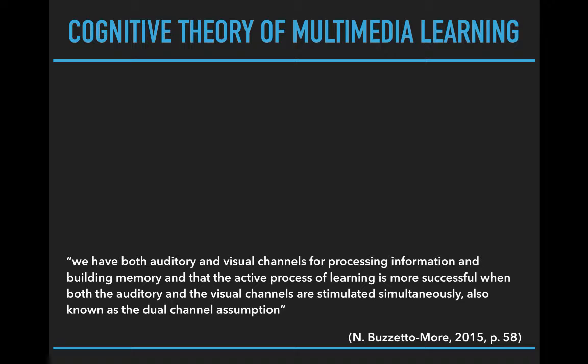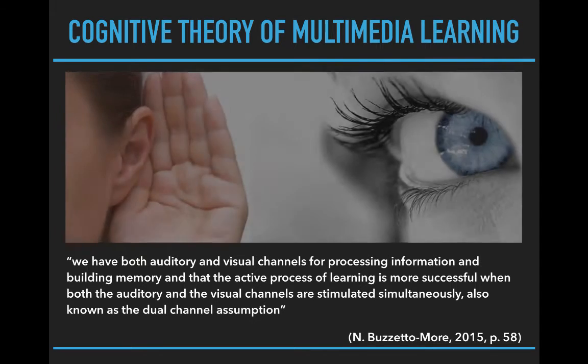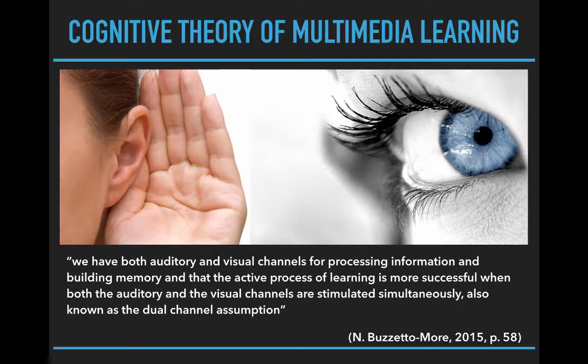One way a course can be engaging is if it integrates multimedia that is purposeful in aligning with the course goals while appealing to the cognitive theory of multimedia learning, which states that, quote, "We have both auditory and visual channels for processing information and building memory, and that the active process of learning is more successful when both the auditory and the visual channels are stimulated simultaneously, also known as the dual channel assumption."